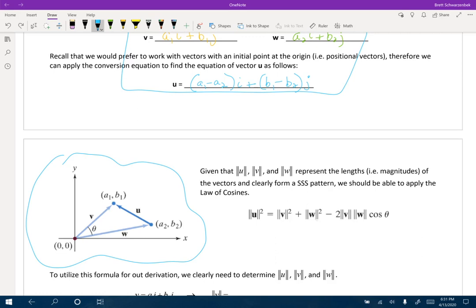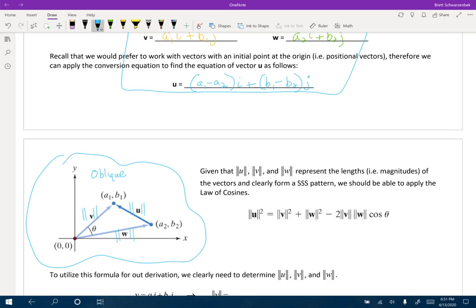Now, if you look at the picture, this is an oblique triangle. And we happen to be given the 3 sides of the oblique triangle, which gives us a very clear side, side, side pattern. So if we labeled these with their actual lengths, these would be the lengths, their magnitudes.